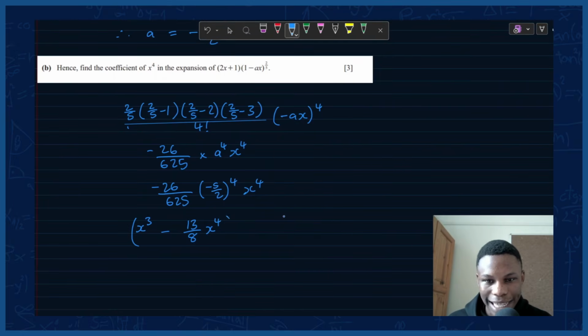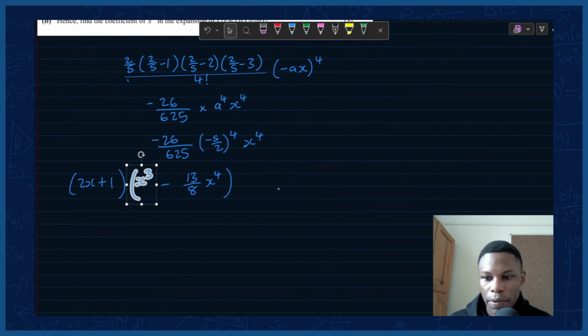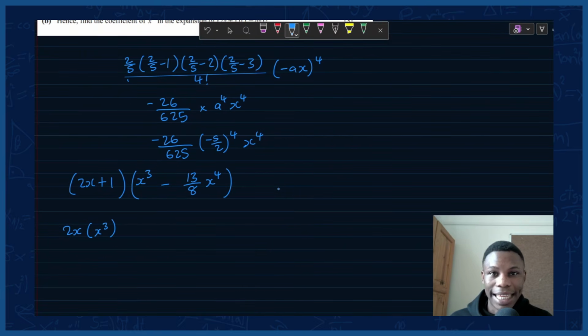And I want to multiply these terms by my 2x plus 1. So I want to get a term in x to the 4. To do that, I need to take this 2x and multiply it by my x cubed. So 2x times our x cubed, or I can get x to the 4 by taking this 1 and multiplying it by this term. So that's plus 1 times negative 13 over 8 x to the 4.